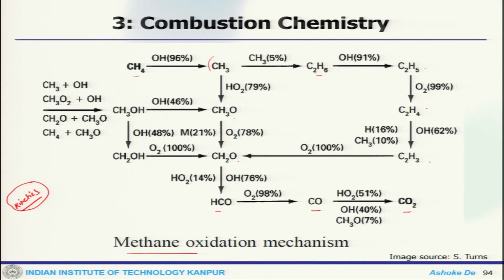That is why even for a simple methane mechanism, there are single step, 2 step, 4 step, 9 step, and multiple step mechanisms, and every kinetics has its own advantage and disadvantage. The more detailed a mechanism you include, the more you can predict the minor species and intermediate radicals. So, these are the issues.